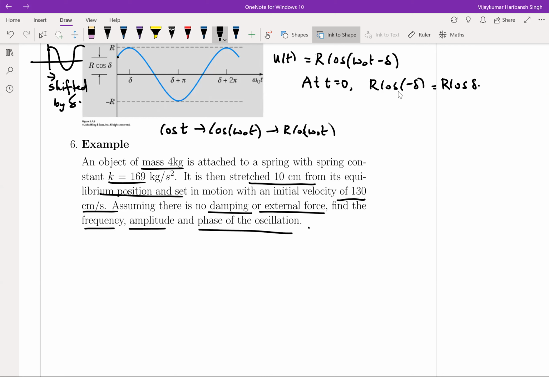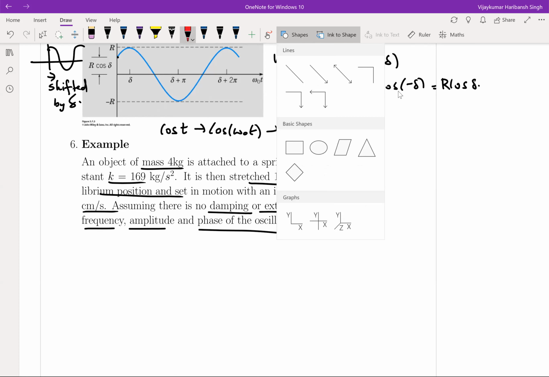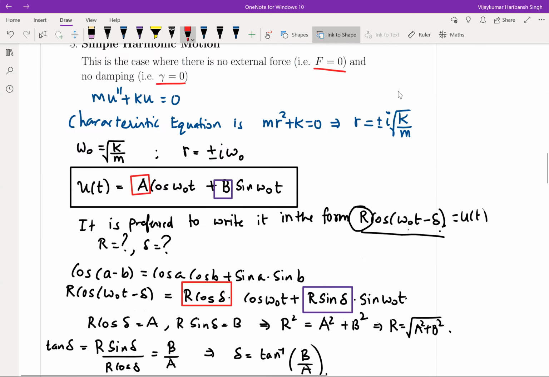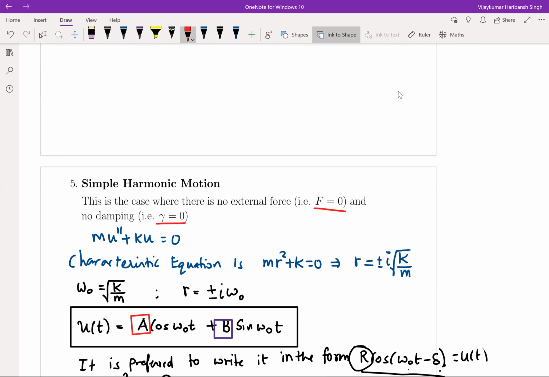So first of all, the point to note is that there is no damping and no external force. So it will be like a simple harmonic motion. This is the case where there's no external force and no damping.